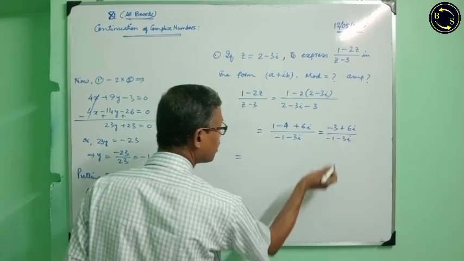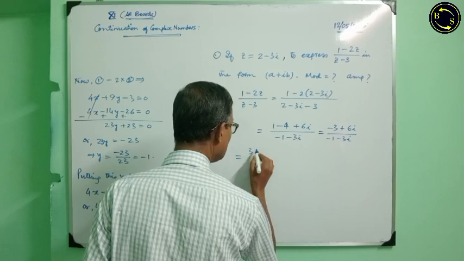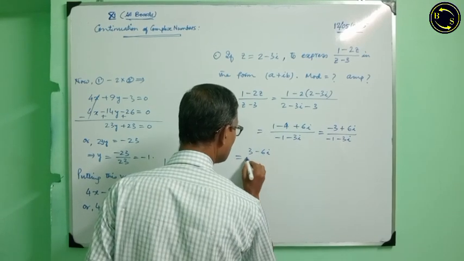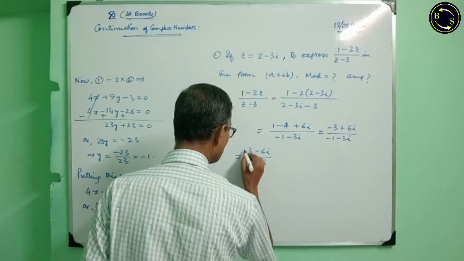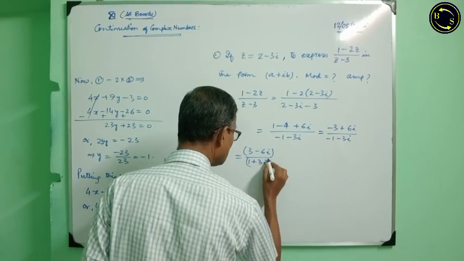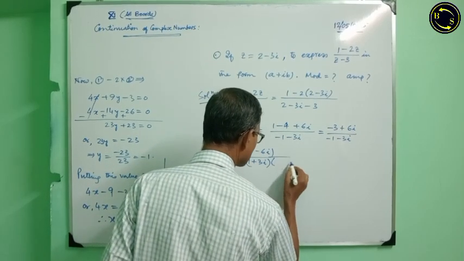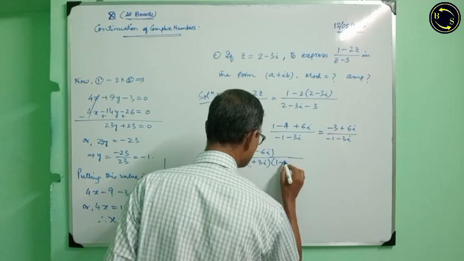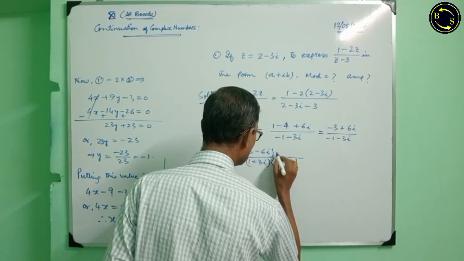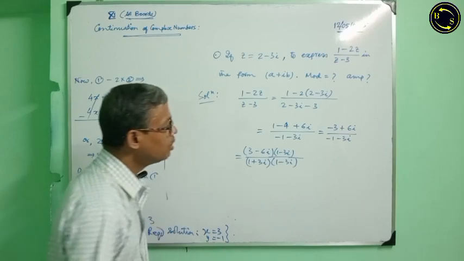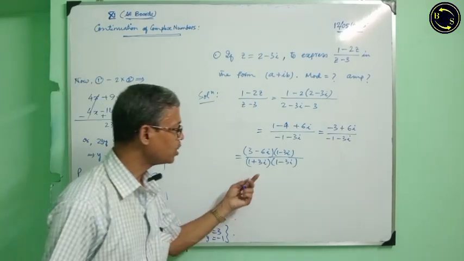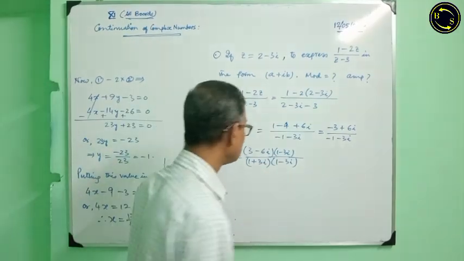We first multiply by minus 1: 3 minus 6i by 1 plus 3i. Now we multiply by the complex conjugate of the denominator. Here the complex conjugate will be 1 minus 3i.